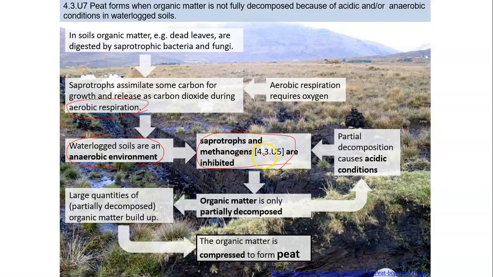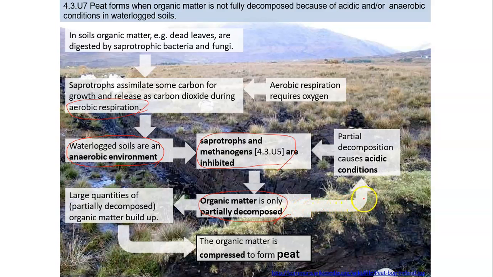They cannot grow. In this situation, the organic matter is only partially decomposed. When the saprotrophs and methanogens are inhibited, we have only partial digestion.